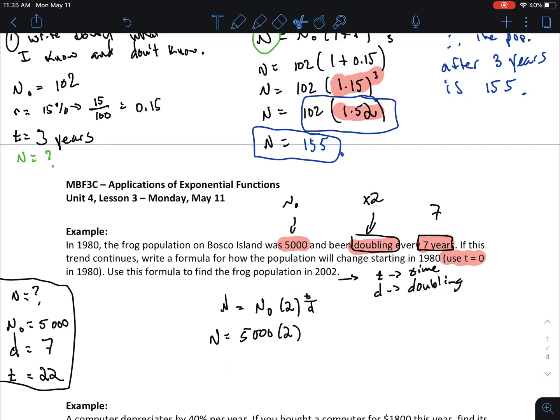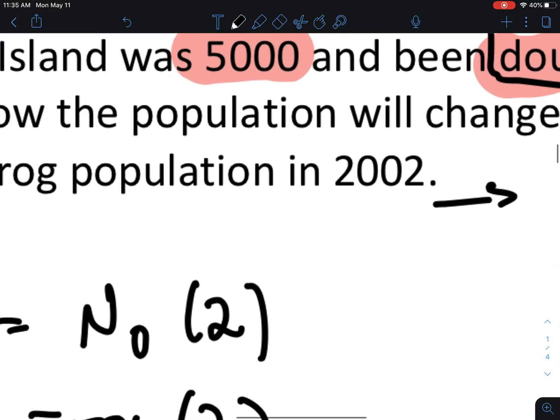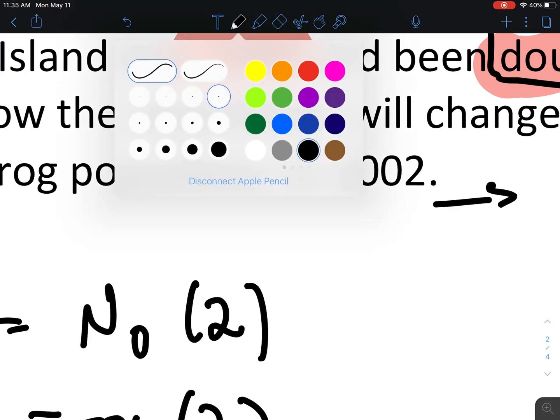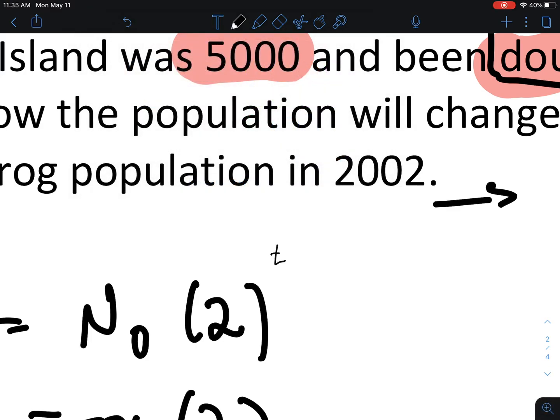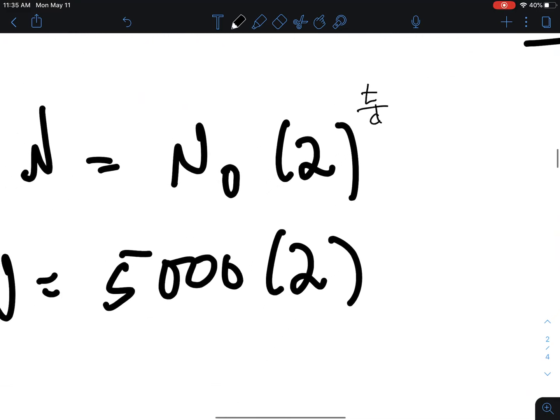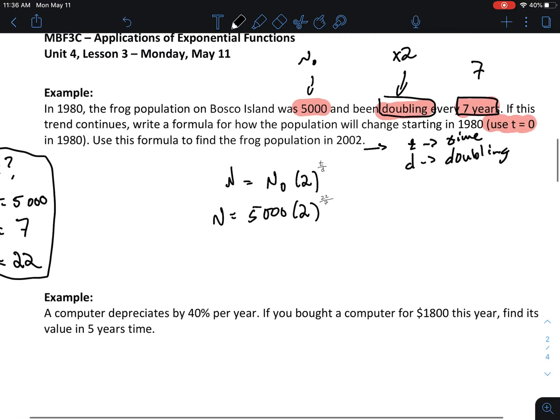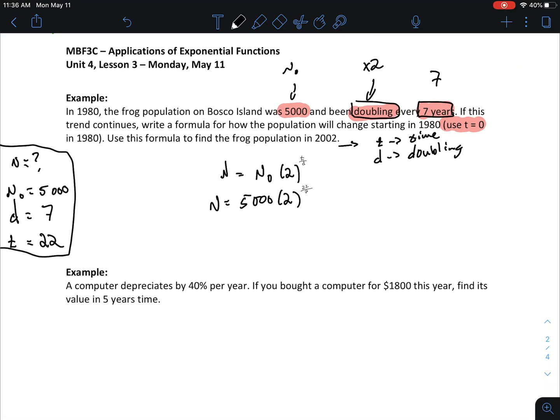This is to the exponent of t over d. So when I write this, it's going to be 22 over 7.